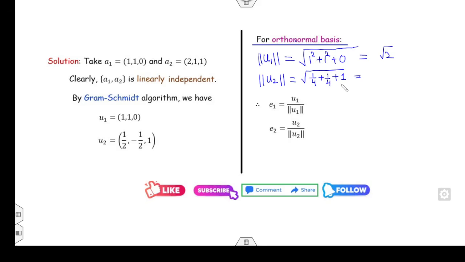So 4 is the LCM, so 6 by 4, that is root 3 over 2. I can substitute the numbers: (1, 1, 0) divided by root 2. So that will be 1 by root 2, 1 by root 2 and 0. And for this case, it is half, minus half, 1 divided by root 3 over 2.